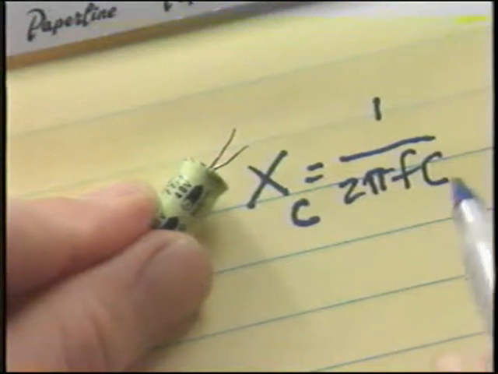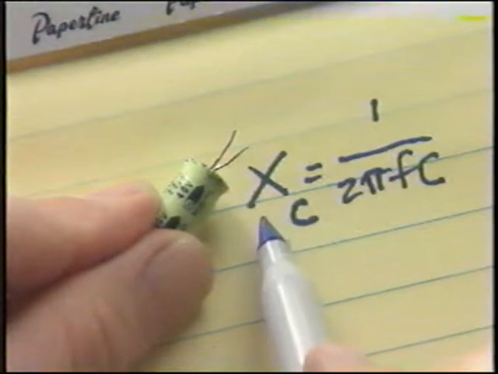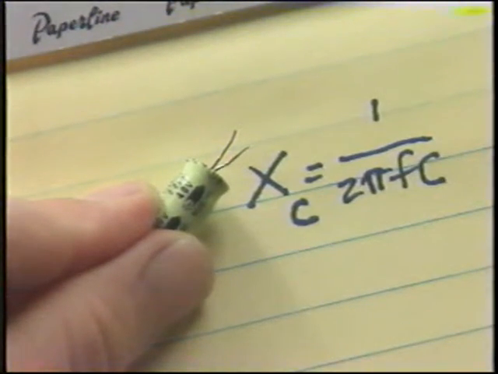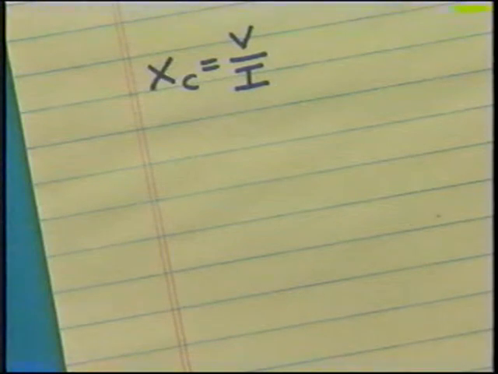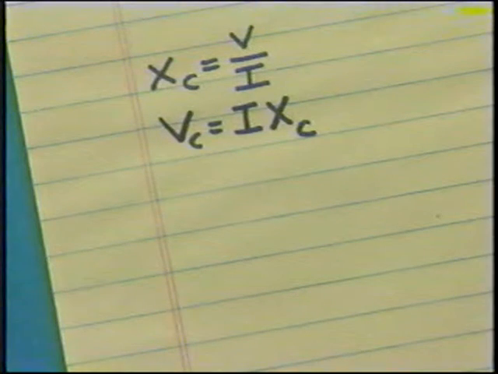To start, you know from the second basic relationship that capacitive reactance is inversely related to frequency. You also were presented with a version of Ohm's law that can be used to find capacitive reactance. Rearrange this formula to solve for capacitive voltage.